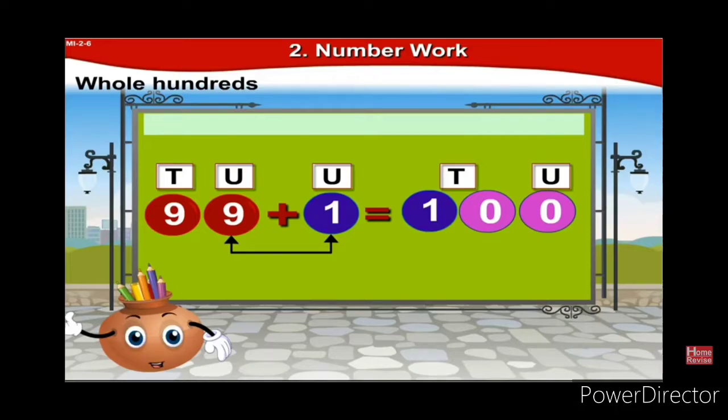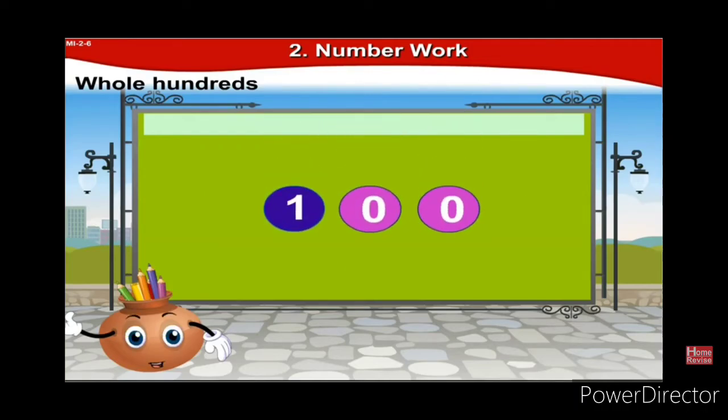You know what? The new place on the left in the 3-digit number 100 is the place of hundreds. 100 means 0 units, 0 tens and 1 hundred. 100 is a 3-digit number.